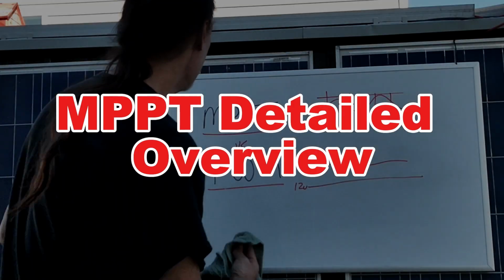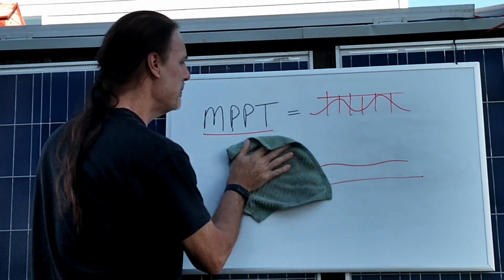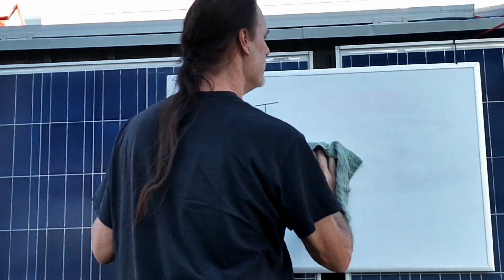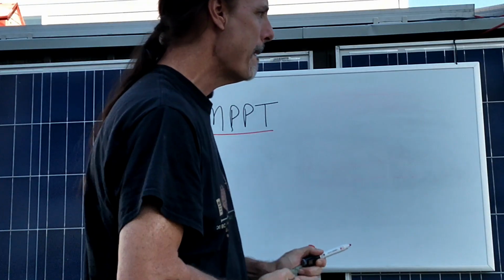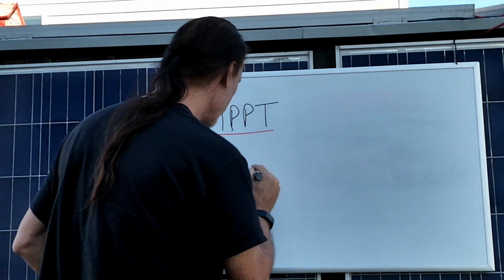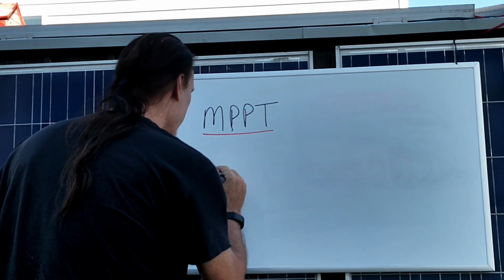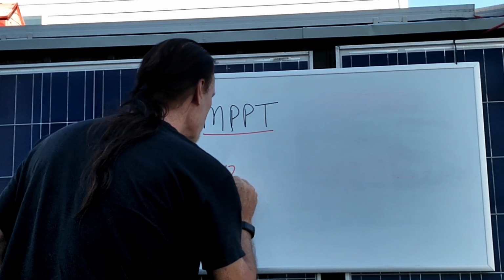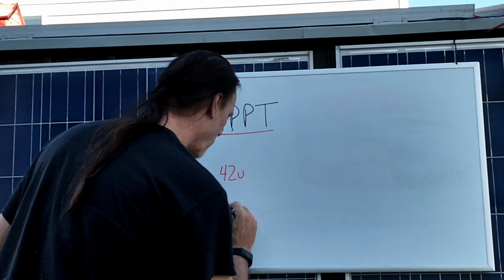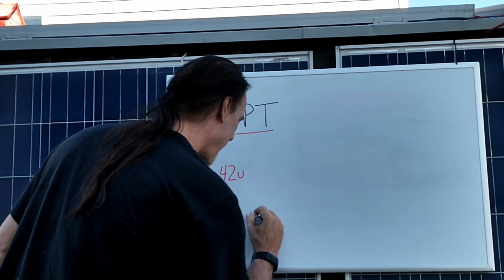All right, so here's what we're going to do. We're going to start with MPPT, the maximum power point tracking. Let's assume that you have a 42 volt solar panel and a 12 volt battery.